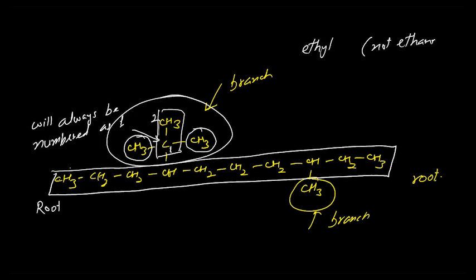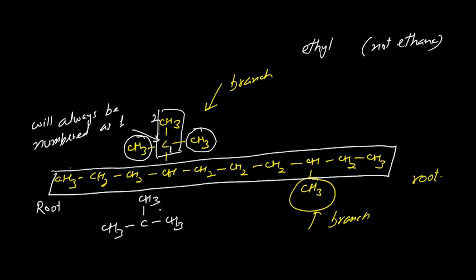Try to remember why I am saying so. Because it has one open bond here. So what I am naming actually is CH3, CH3, CH3. This is attached as branch. Because this is an open bond, this cannot be alkane. This is an alkyl group. So I will not write ethane as root chain.